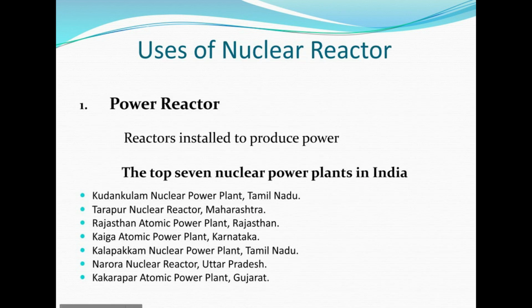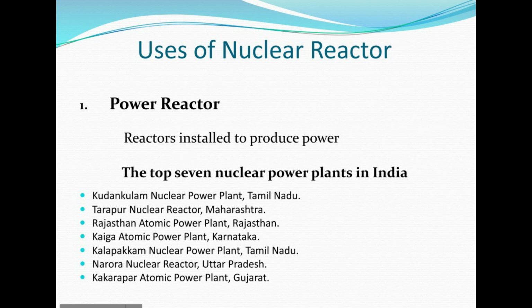Uses of nuclear reactors. 1. Nuclear power reactor. Nuclear reactors are used in the production of electric energy. Reactors installed to produce power are called power reactors. These are both thermal and fast reactors. Mainly, there are 7 power reactors in operation in India.